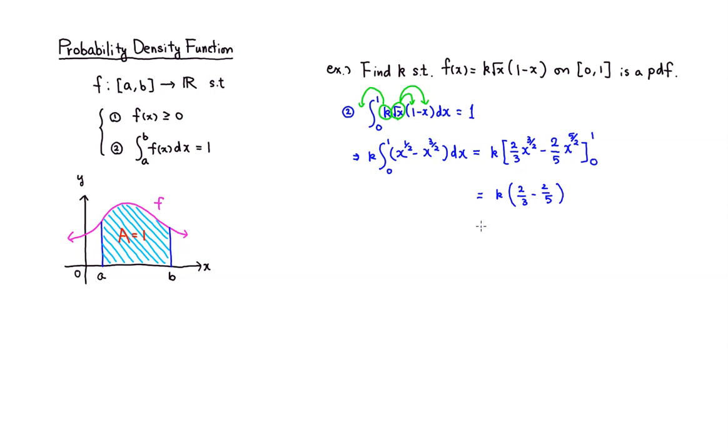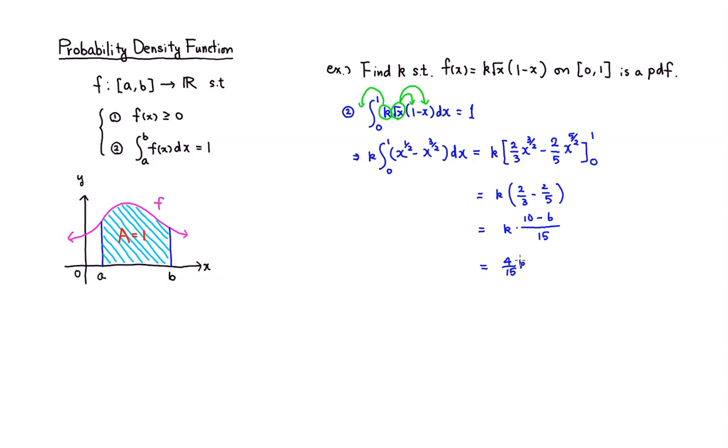I would have to take the common denominator, so it's going to be 15. Multiply 2 by 5, so it's 10, minus multiply 2 by 3, so it's 6. So it came out to be 4/15.